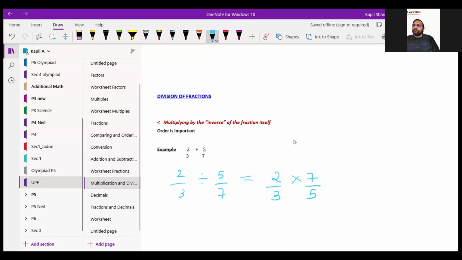So this becomes 7 upon 5 and replace the division symbol by multiplication symbol. Okay, Swastik? Fine. So this becomes 14 upon 15, right?